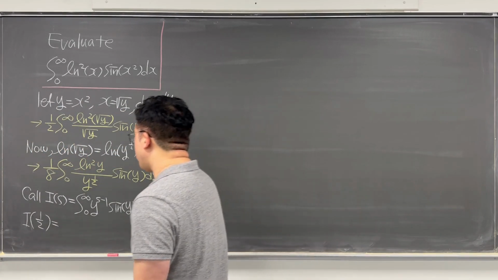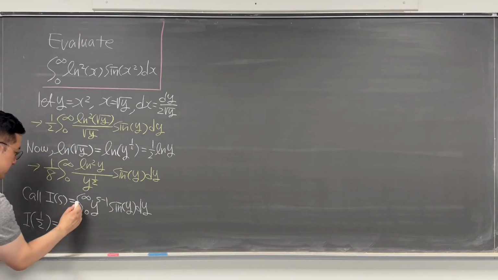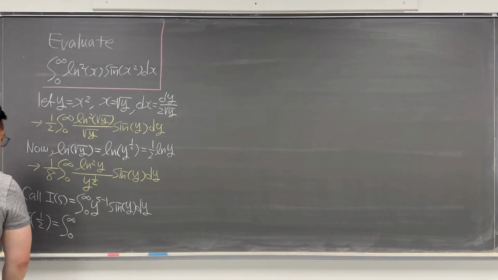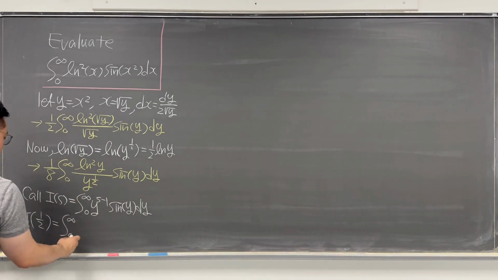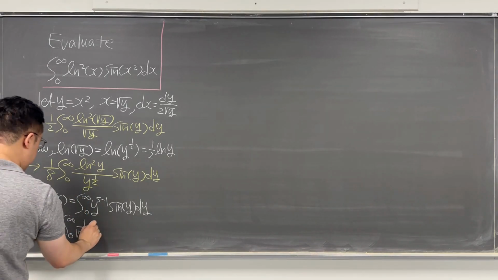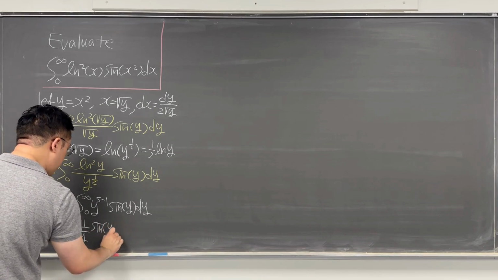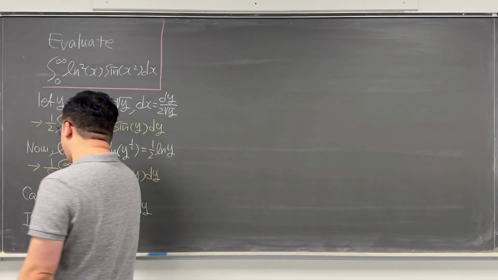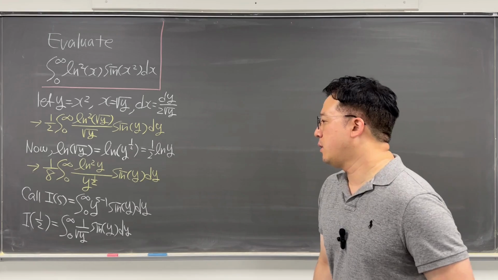is going to be the integral still from 0 to infinity, where your integrand is first of all 1 over the square root of y, times sine of y dy.